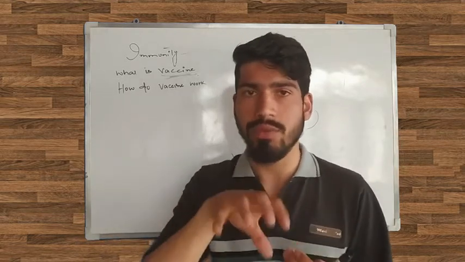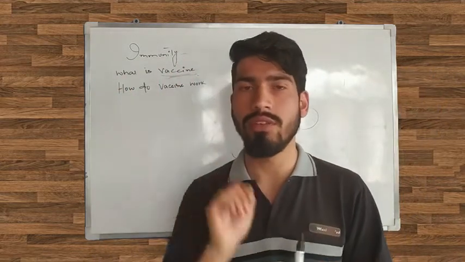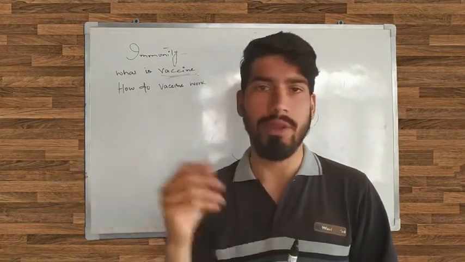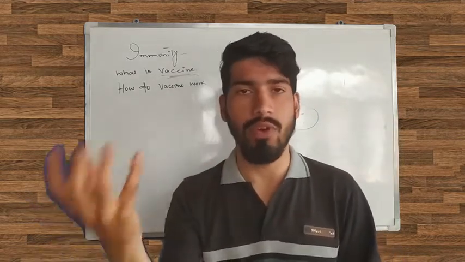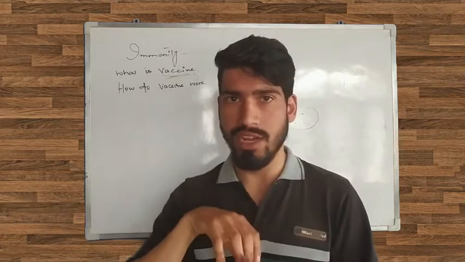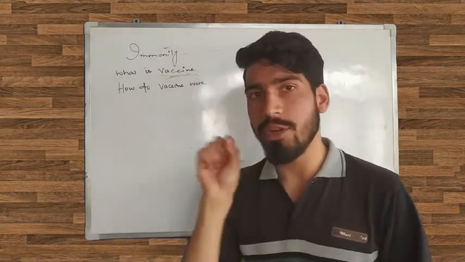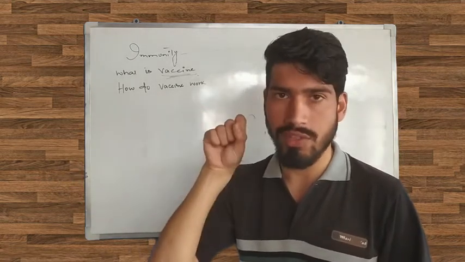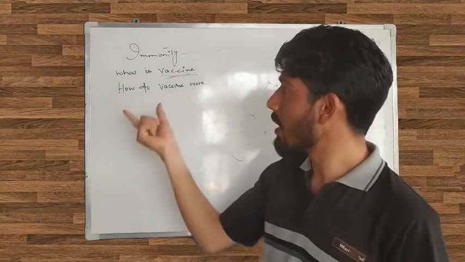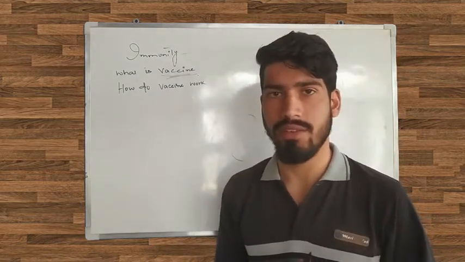Our immune system makes lots of antibodies and kills the bacteria or pathogen. When the real bacteria comes inside the body and makes entry, the antibodies are already present, so they recognize, catch, engulf, and destroy them. So that's the work of the vaccine.